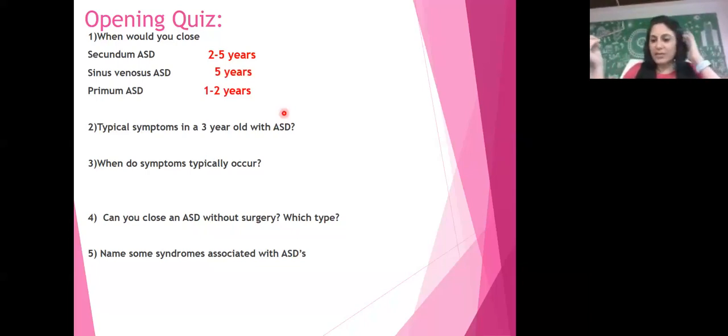Are they asymptomatic? What's most common? I'm not going to move to the next question till everyone answers. Okay, so they can be asymptomatic, right? So asymptomatic, or some of them can present with respiratory infections and not such great weight gain. More commonly, they don't have symptoms, but they may have frequent respiratory infections.